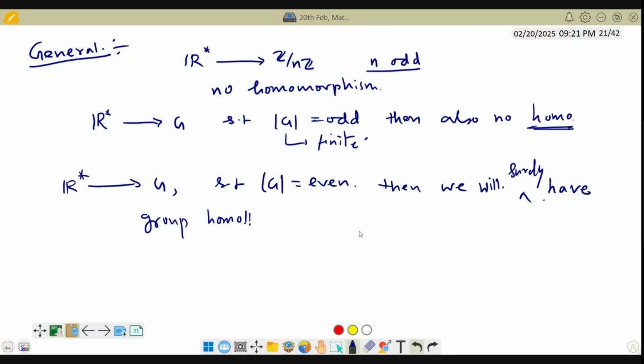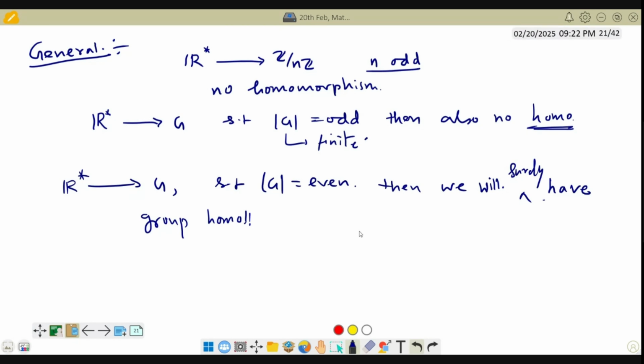It depends on the structure of the group G. Suppose you take G to be a cyclic group; then for each divisor there is a unique subgroup of that order, right? So you will have a unique group homomorphism. But if G is non-abelian, like S3, then there are three subgroups of order 2, right? So there are lots of possibilities.